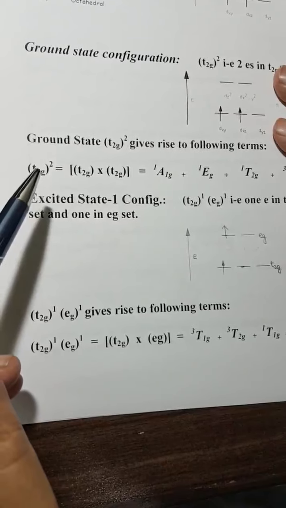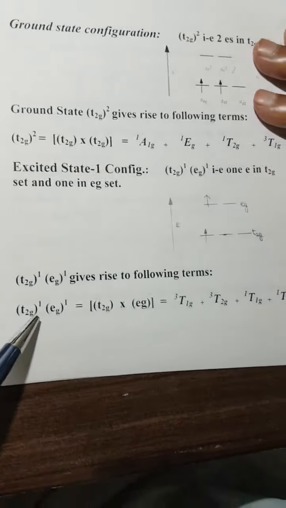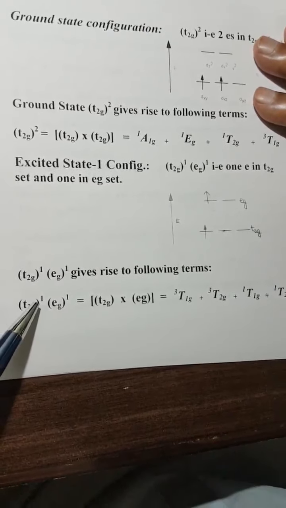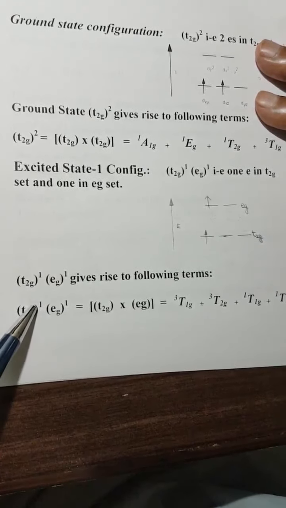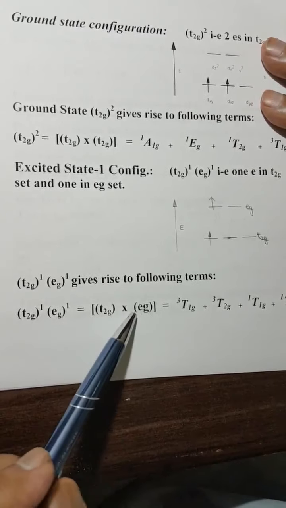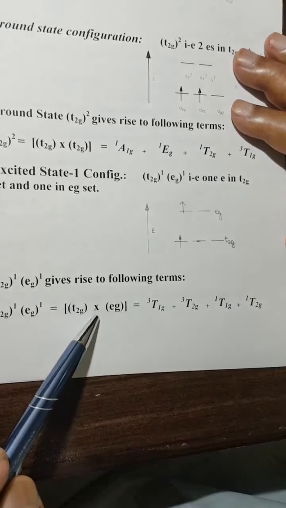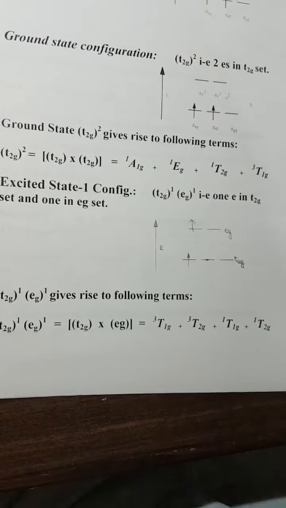It is given there. Similarly, we can have this configuration: one electron in eg and one electron in t2g. When these are multiplied, group theory helps us multiply it. We get these ones.